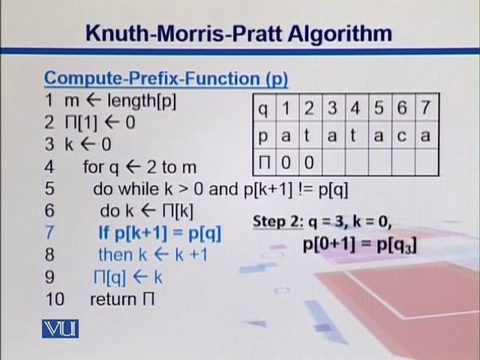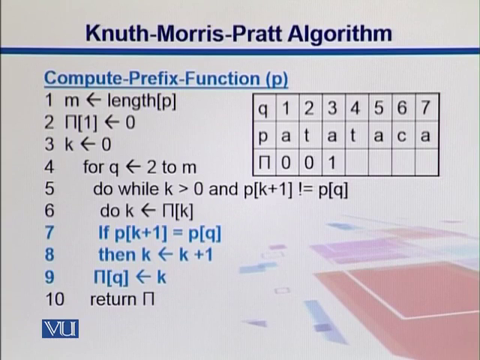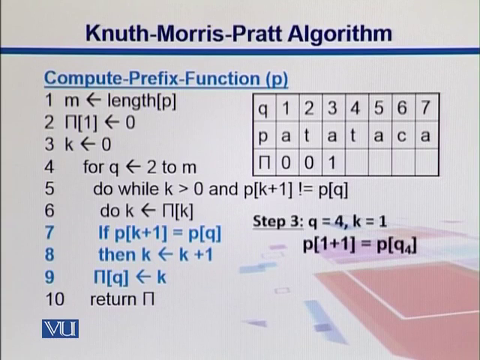The third position in the pattern, which is A, matches with the first position, which is A. So we increment k, k becomes 0 plus 1, and in pi of q we put this value of k, which is 1, in our table.